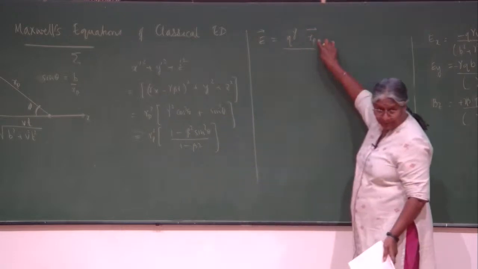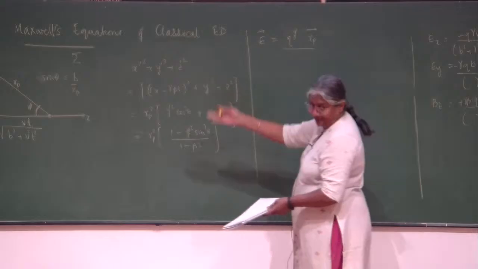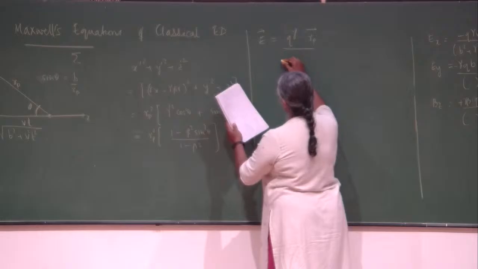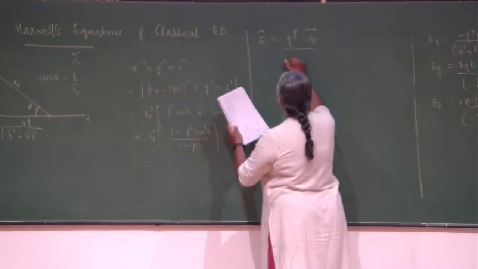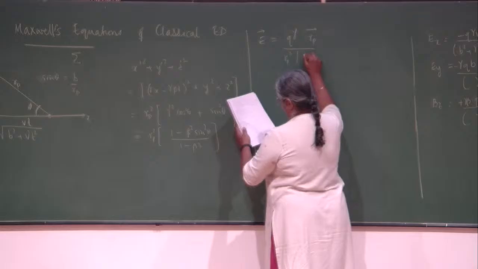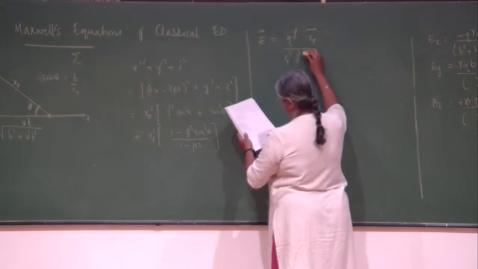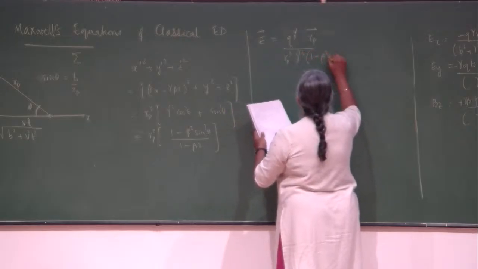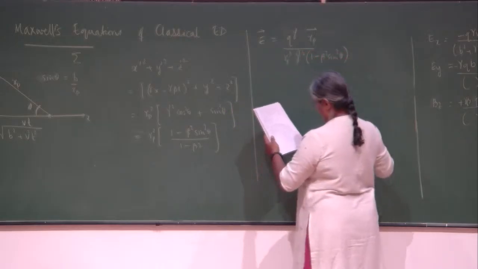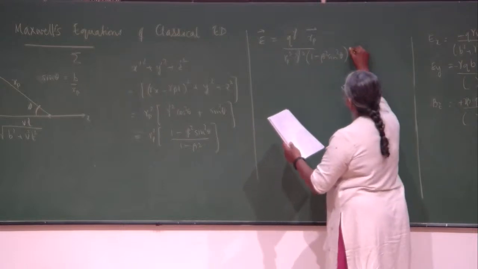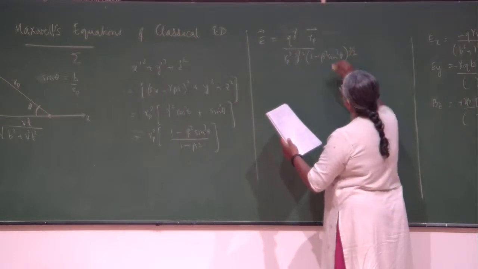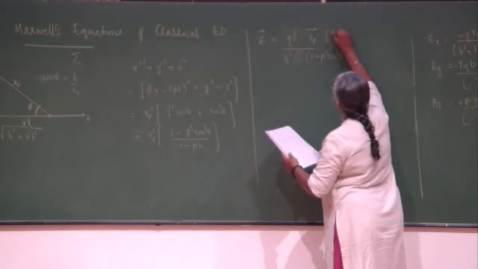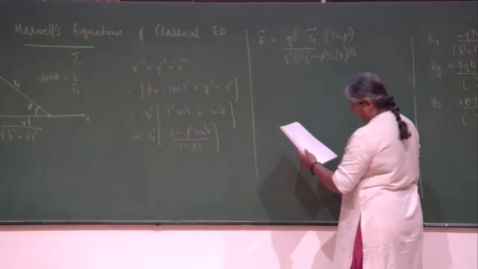This should not surprise you, right, because that is the instantaneous direction and it is radial field divided by rp cubed into, so I hope this gamma and r doesn't bother people, gamma squared into 1 minus beta squared sin squared theta to the power of 3/2 into, so sorry, let me solve it to give you 1 minus beta squared in the numerator.